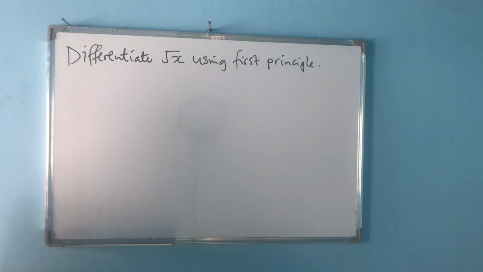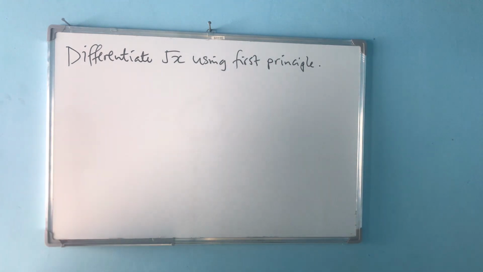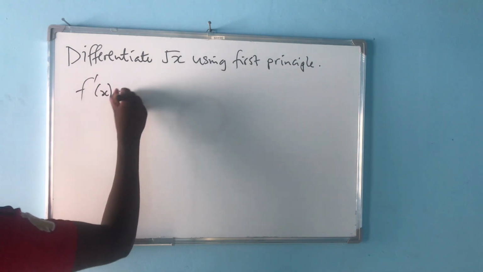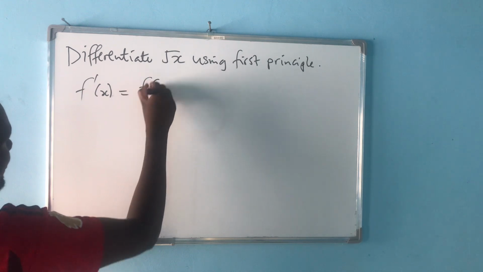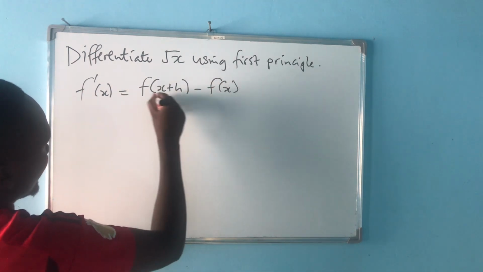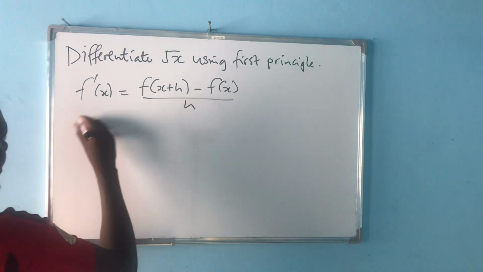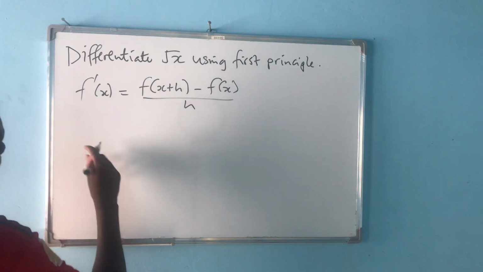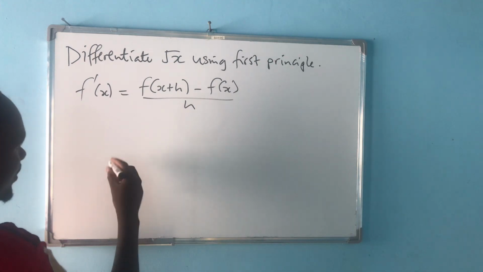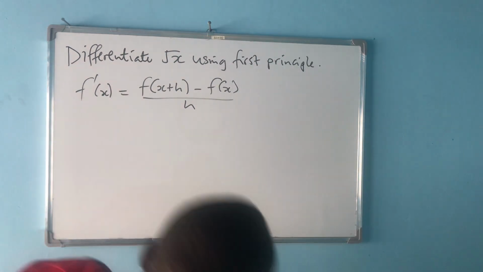To start with, we need to write the formula for first principle. So what is the formula? If we're finding f prime of x, it will equal f of x plus h minus f of x over h, and there's also the limit involved. I just forgot the limit here.